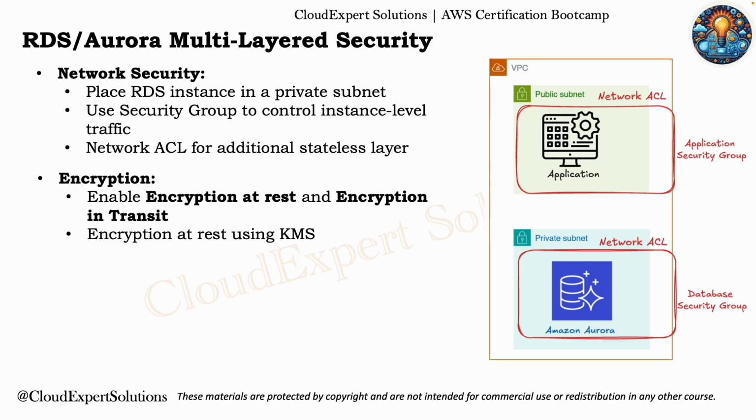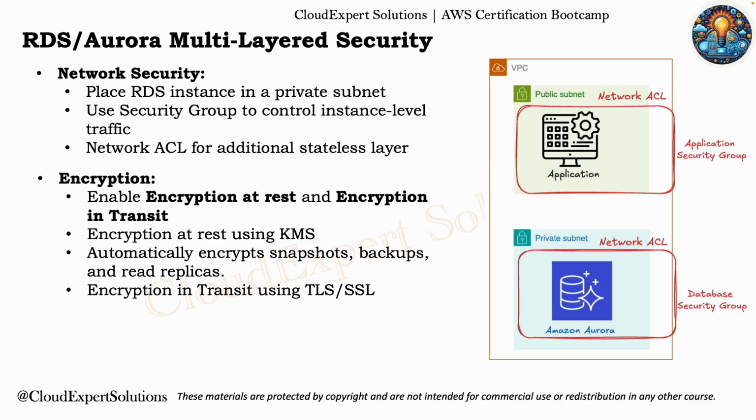Encryption at rest is performed using AWS KMS, and you should enable encryption while creating any production database. If encryption is enabled on your database, then it will automatically encrypt snapshots, backups, and read replicas.